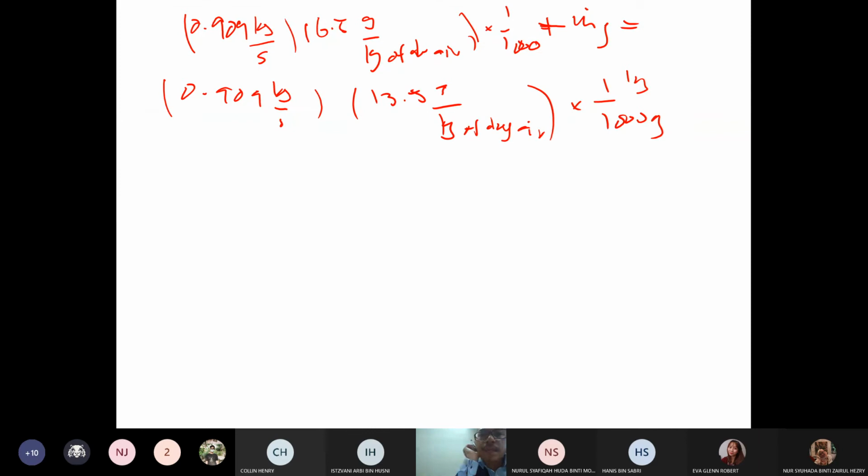Later you convert the value back. This is the same. 1 kilogram equals 1000 gram.